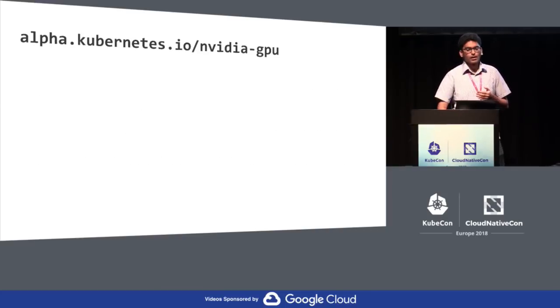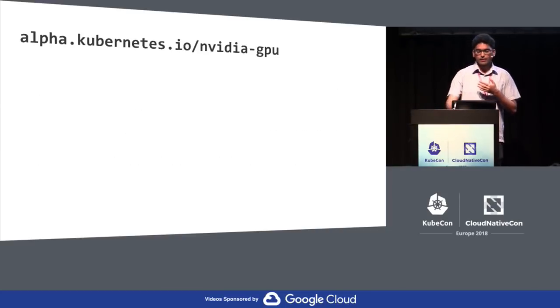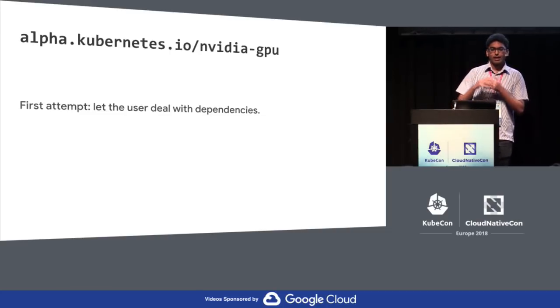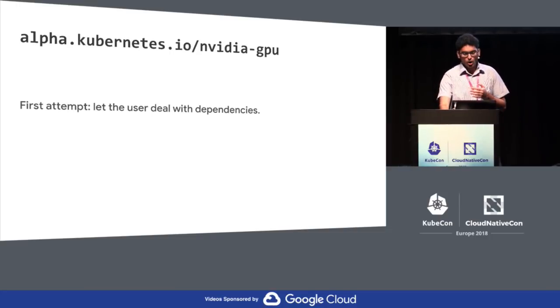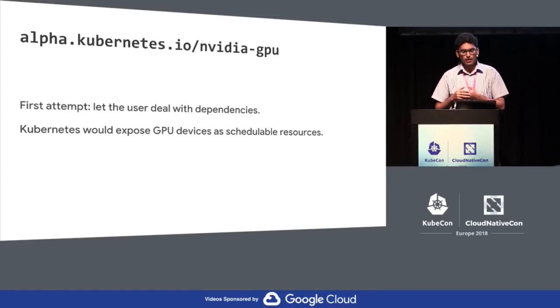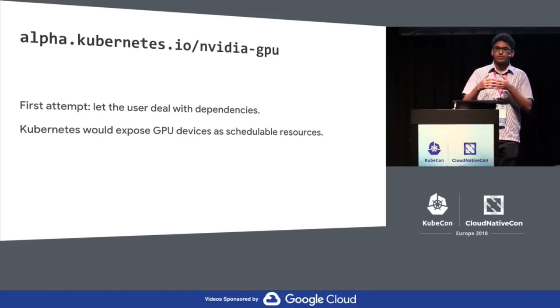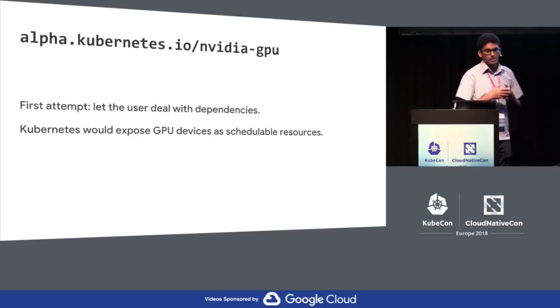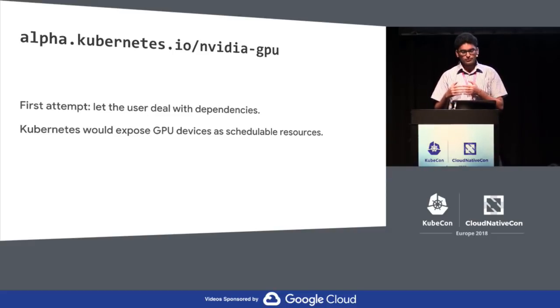So in Kubernetes, the first thing we decided to do to support GPUs was very simple. We decided to let the user deal with these dependencies. All Kubernetes would do is assume that the NVIDIA driver is already present on the host, and then it would see the GPU devices present on the host and expose them as schedulable alpha.kubernetes.io/nvidia-gpu resources.